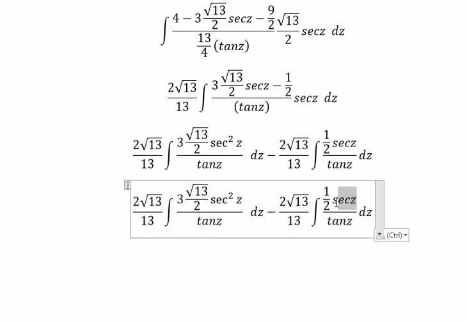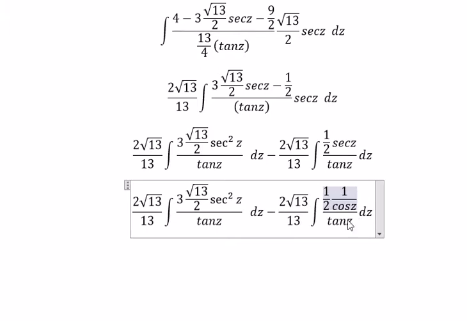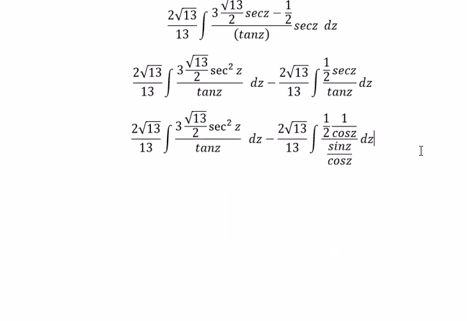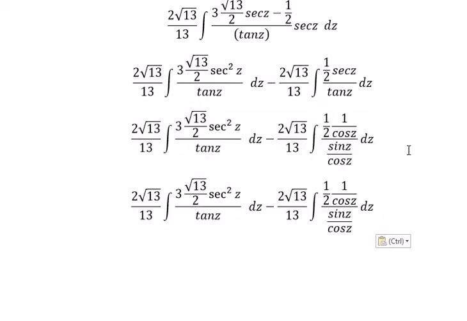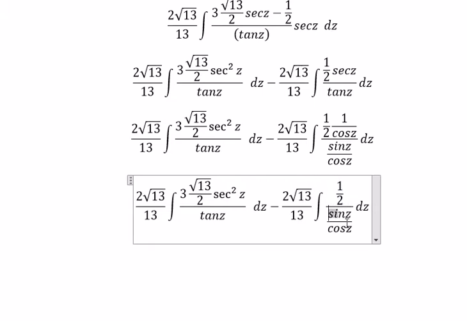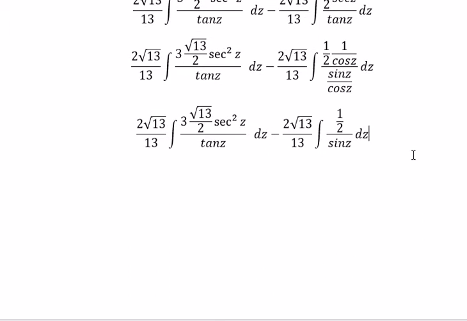About this one, we can put 1 over cosine z. This one we change for sine z over cosine z. So we simplify 1 over cosine z. This one change for sine z. And now we get the final answer.